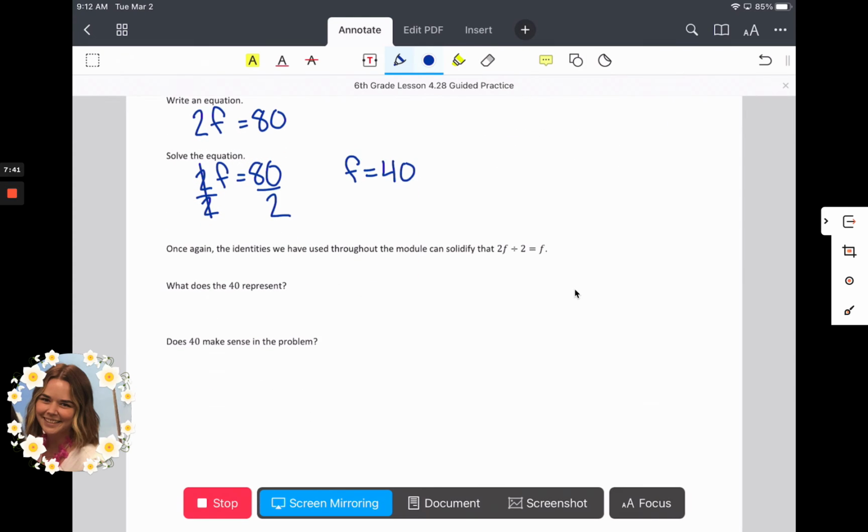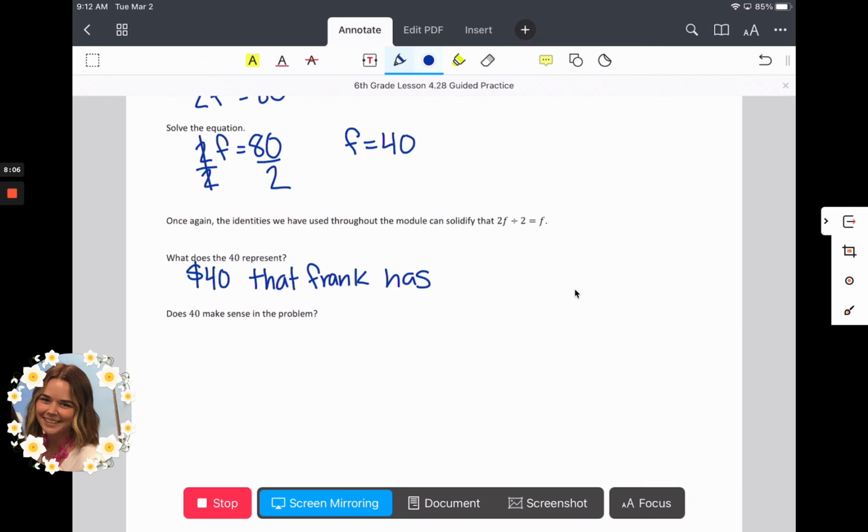The identities that we've used throughout this module tell us that we can do that. We can look at 2F divided by 2, and we'll be left with F. 40 represents the $40 that Frank has. And does 40 make sense in this problem?